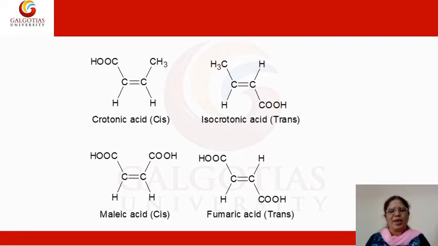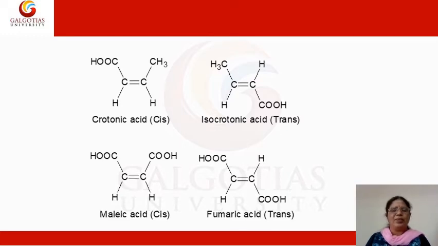They have the same molecular formula but different configurations. Maleic acid is cis whereas fumaric acid is trans. In maleic acid, the two COOH groups are on the same side of the double bond, whereas in fumaric acid, the two carboxylic acid groups are on opposite sides.